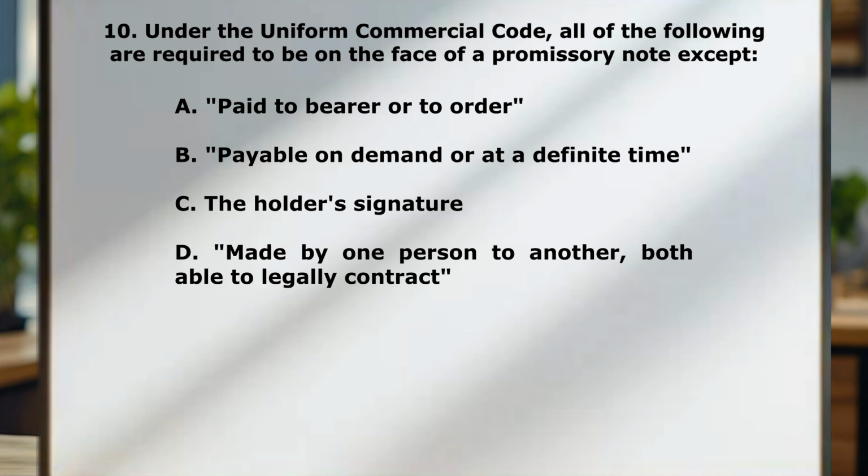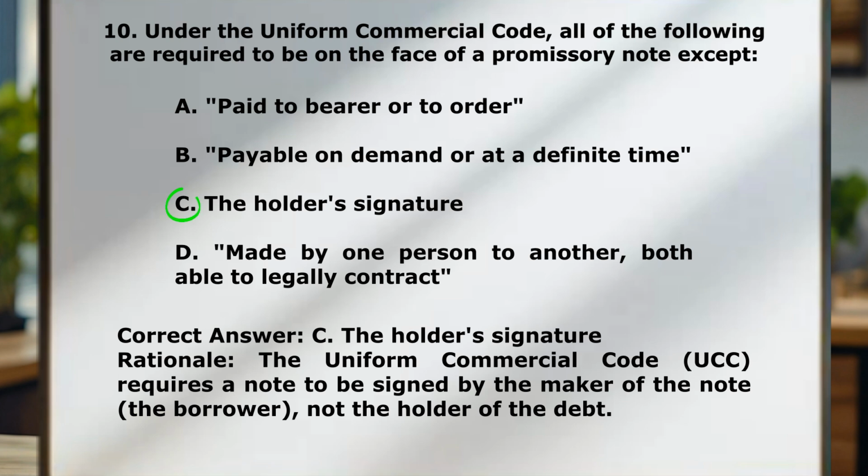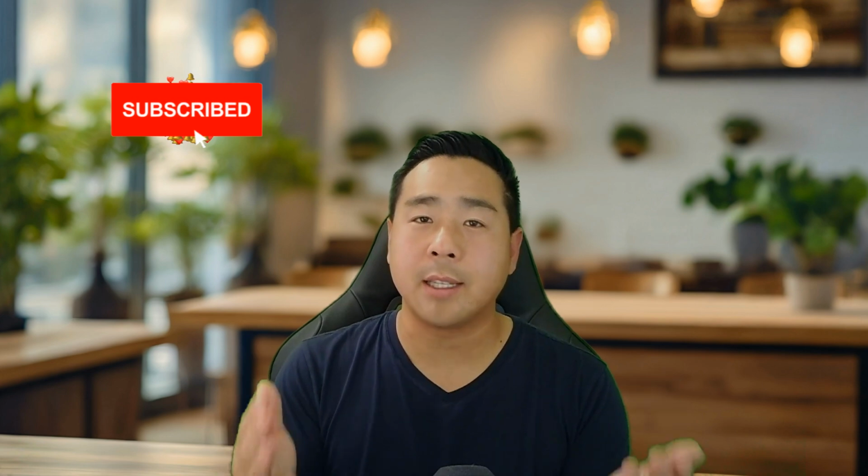C, the holder's signature. D, made by one person to another, both able to legally contract. Correct answer here is C, the holder's signature. So the UCC requires a note to be signed by the maker of the note, the borrower, but not the holder of the debt. Those are 10 financing related questions you will likely see on your real estate exam.